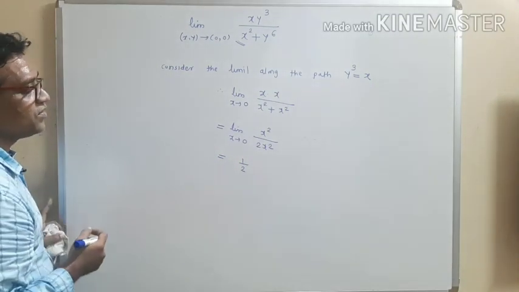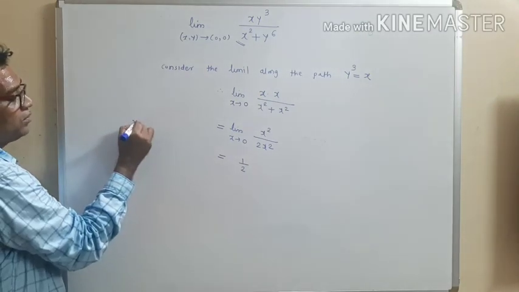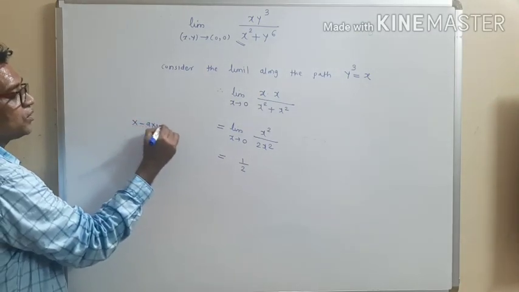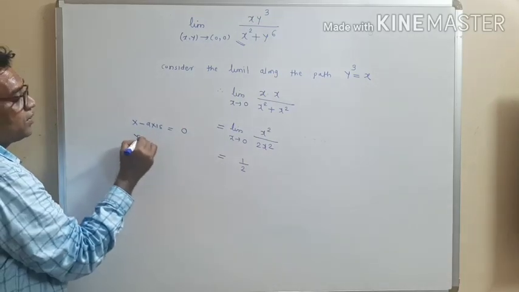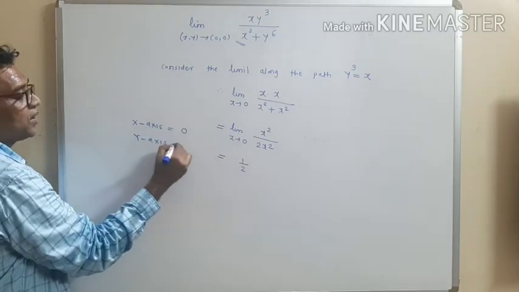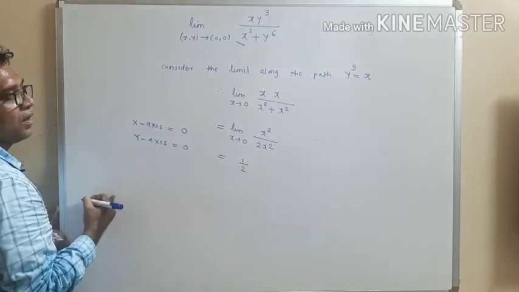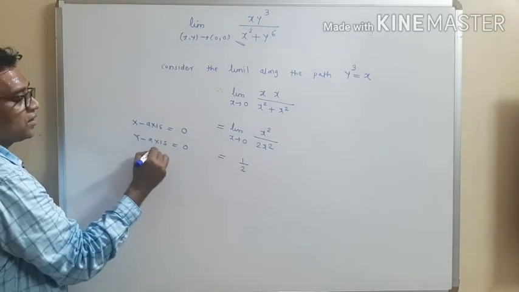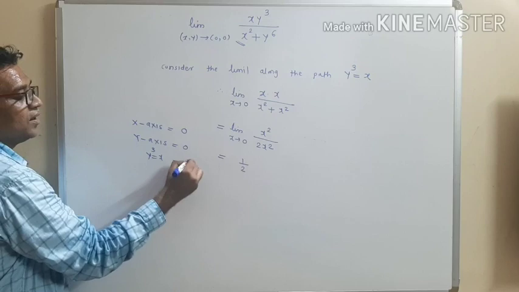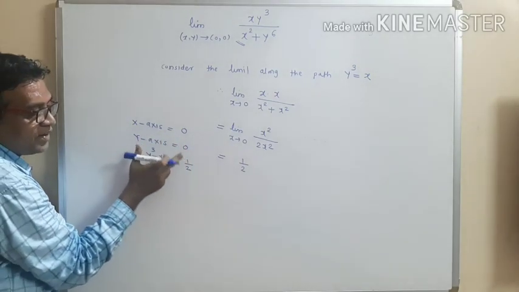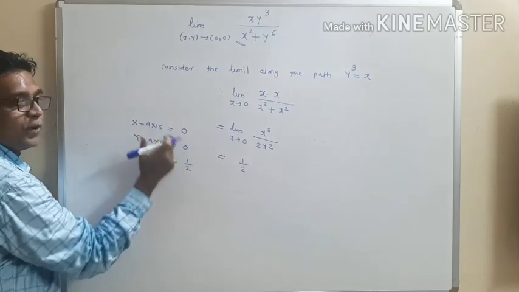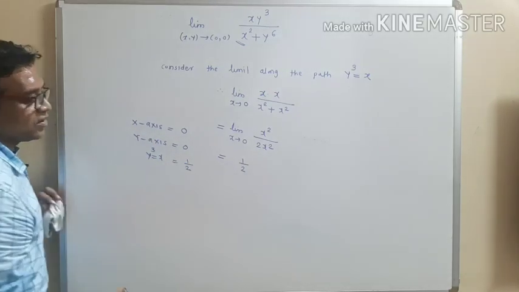So what is our observation? We have found limit along first root, it is 0. We have found limit along second root, it is again 0. And the limit along third path y cube equal to x, it is some different answer. So if the limits are different along different path, so it is called limit does not exist.